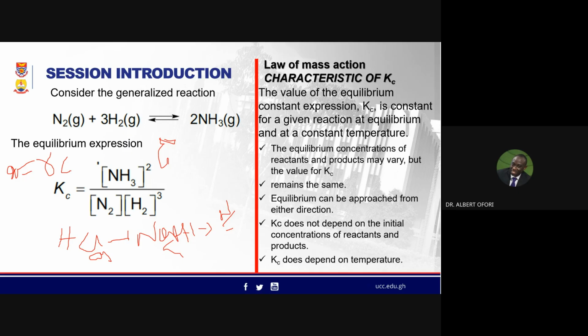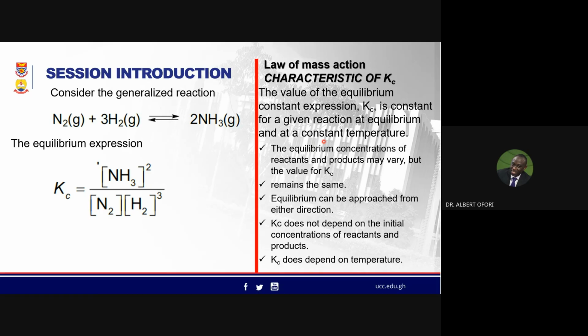We don't include them when we are writing them. Now the concentration influences the equilibrium constant expression. And again, stoichiometry will also influence the constant. So concentration will affect K. The order of that reaction is also going to affect K. Please, do you see that? So that's something that we should take note of.